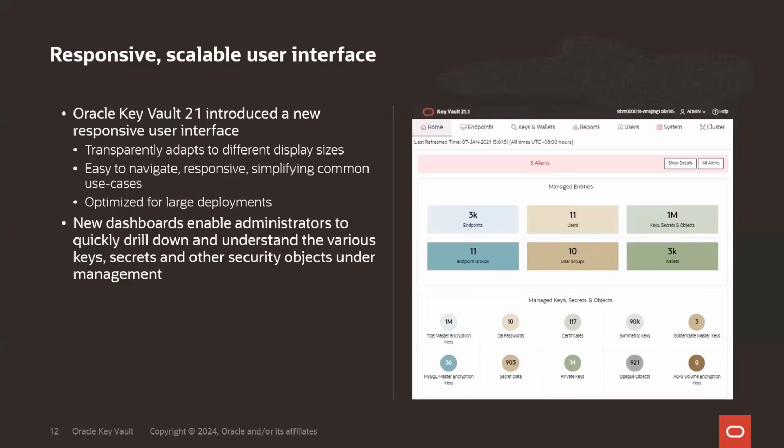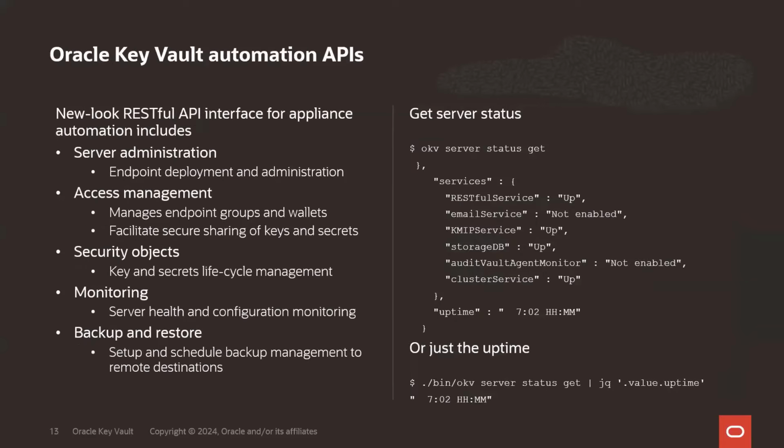So yes, customers do that, and that is why we need to scale to really big numbers in terms of endpoints, keys and secrets, and all these things. So that user interface has been optimized for large deployments.